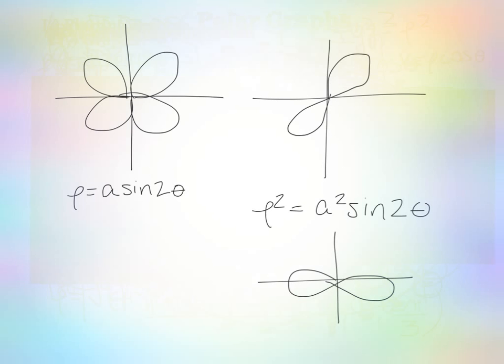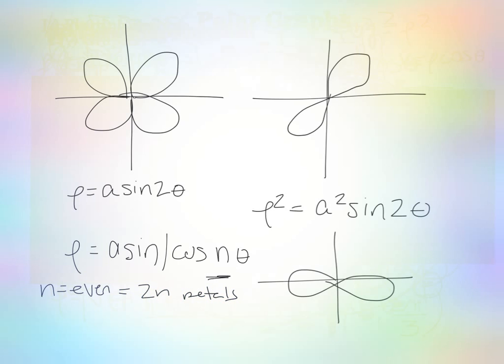Now the rose is a bit odder because it depends on how many times the theta is being multiplied. So just keep in mind that if rho equals a sine or cosine of n theta, the amount of petals that the rose will have, if n is even, it will have 2n petals.